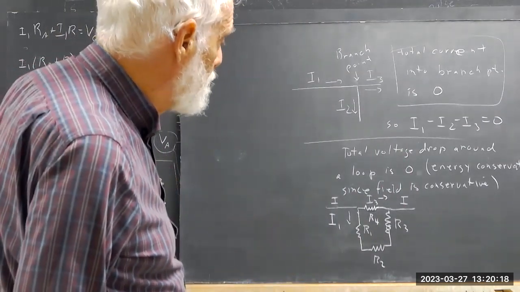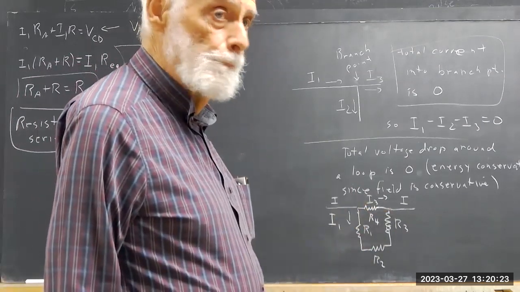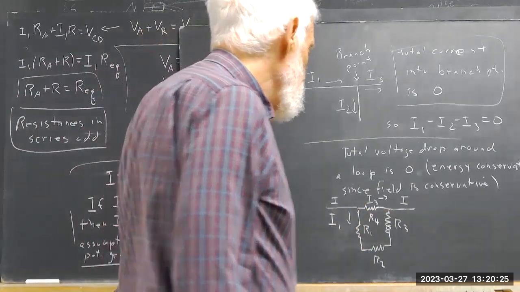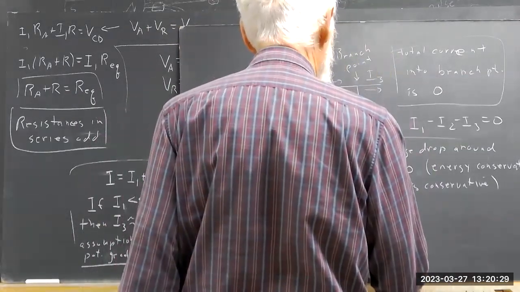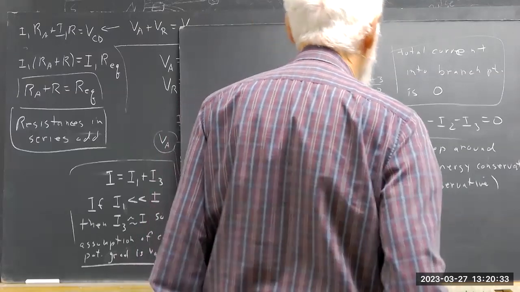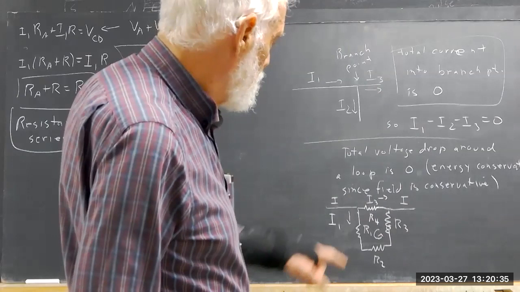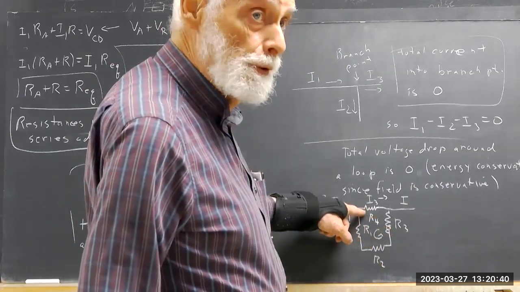Now we've got a loop, here around to here. If we go around this loop in the counterclockwise direction, what's the voltage drop here? What's the voltage drop here? What's the voltage drop here? And what's the voltage drop here?